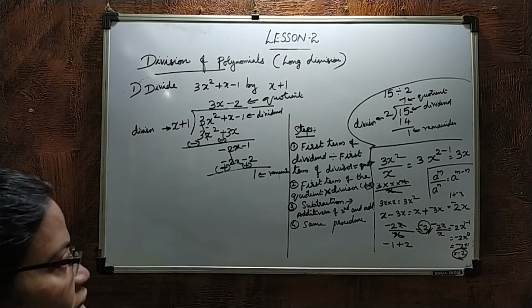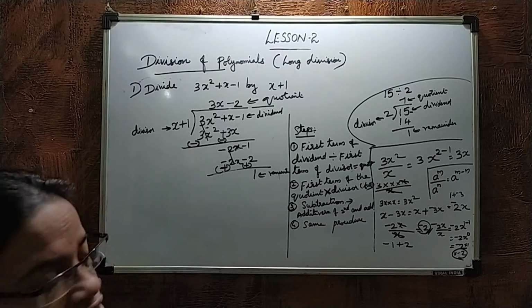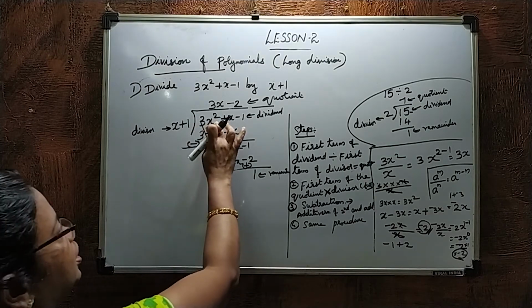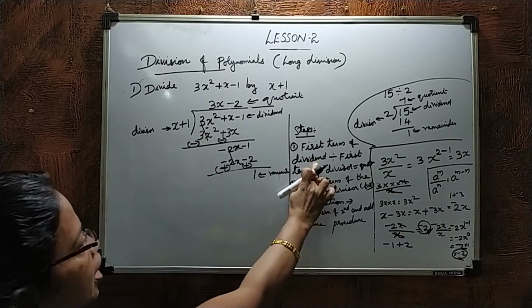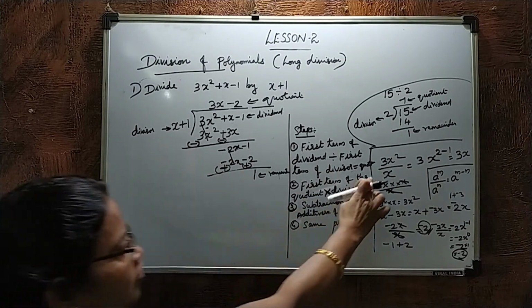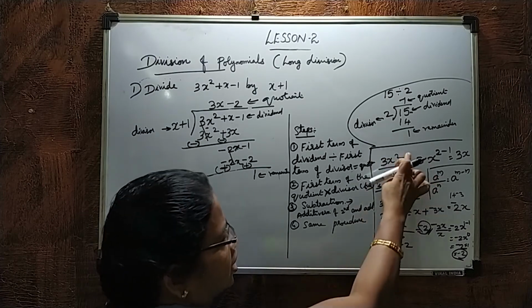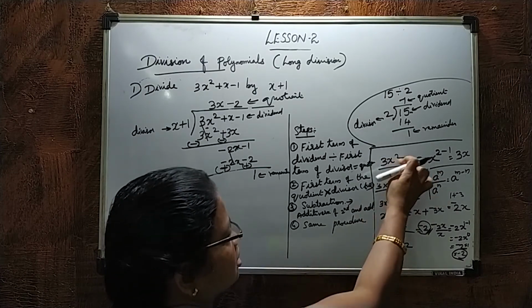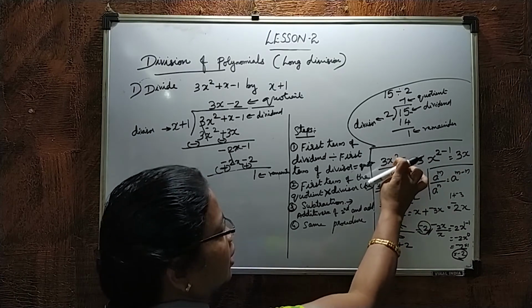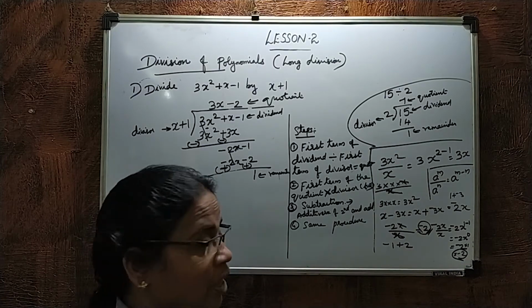After that, what should you do first? The first term of the dividend divided by the first term of the divisor will be the first term of the quotient. So the first term of the dividend, 3x square, divided by the first term of the divisor, x. So 3x square divided by x: 3 divided by 1 is 3, x square divided by x is x raised to 2 minus 1, by the law a raised to m divided by a raised to n is equal to a raised to m minus n.